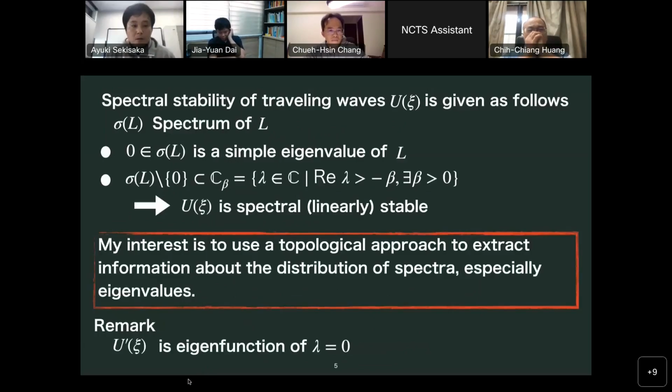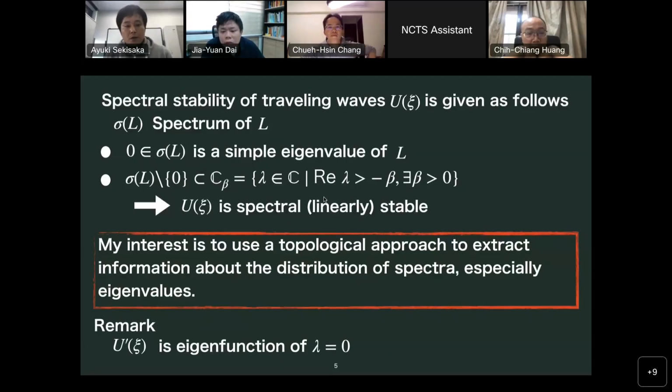First, 0 is a simple eigenvalue of L. 0 is always an eigenvalue of L, generated by the translation symmetry of traveling waves, and the eigenfunction is the derivative of the traveling wave. Second, all non-zero spectra are contained in the left half plane in the complex plane C.